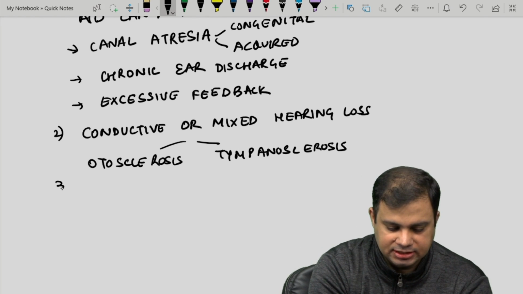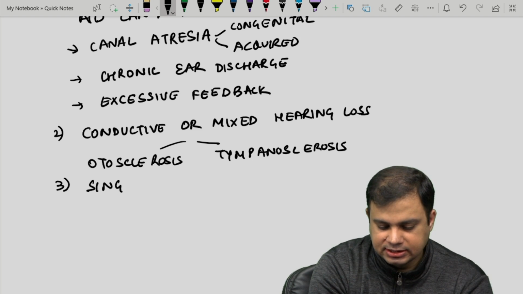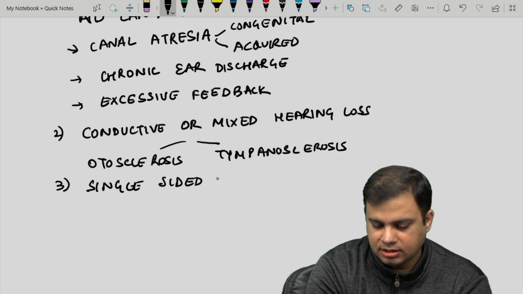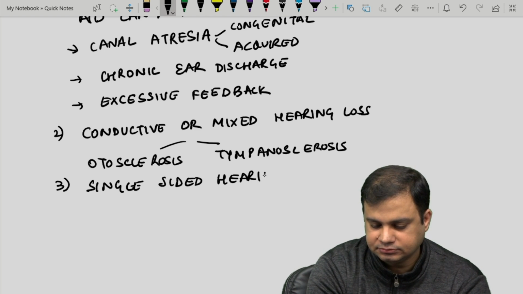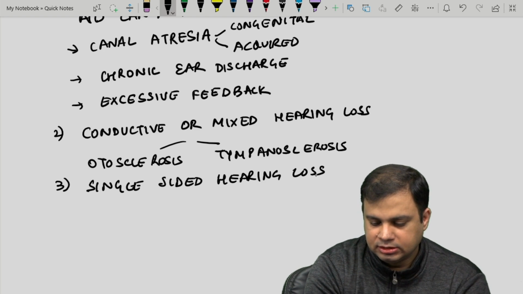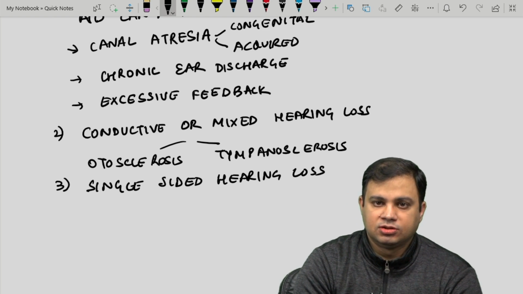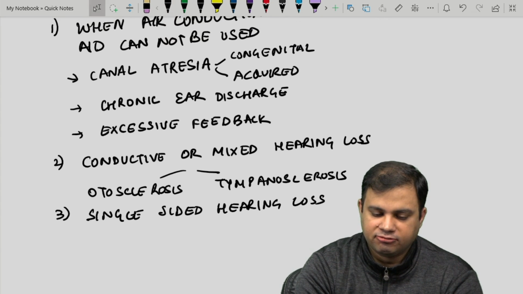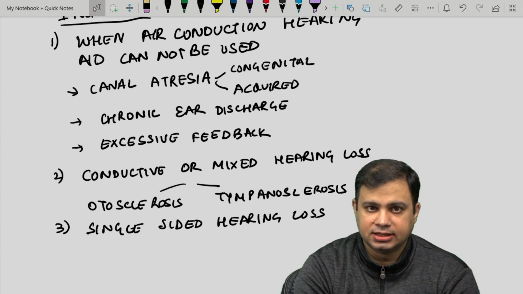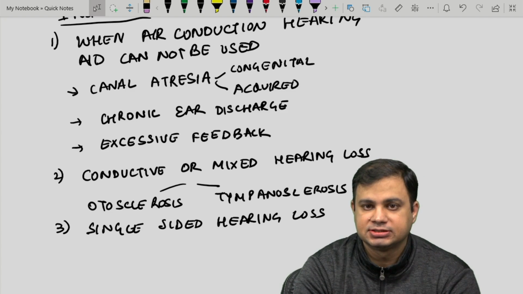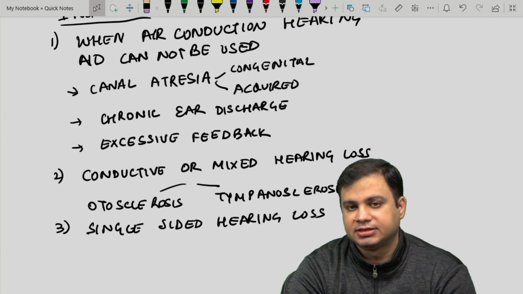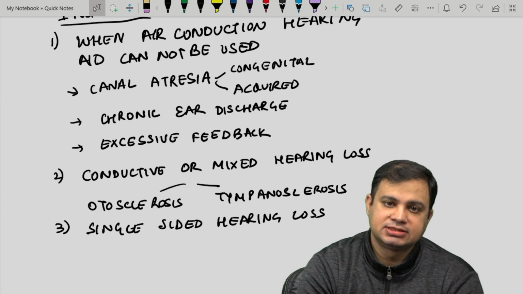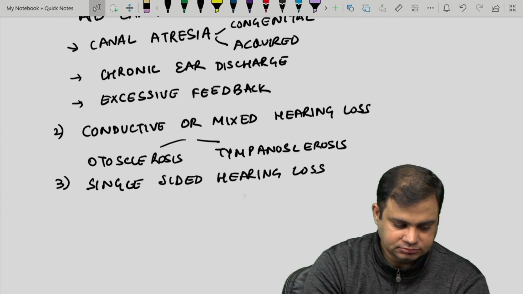Third is when there is a single sided hearing loss. If the patient is having a unilateral hearing loss, then also we can use BAHA. So, these are the three indications. First is when the air conduction hearing aid cannot be used. Second is when the patient is having any disease in the middle ear, whether it is a conductive or a mixed hearing loss. Third, if the patient is having a single sided hearing loss.